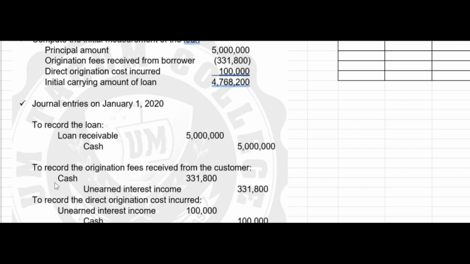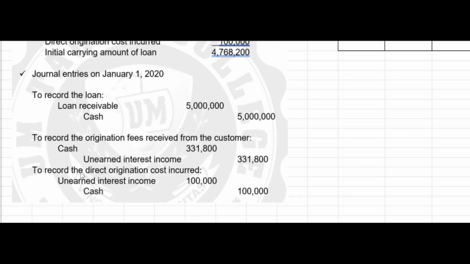Another is to record the collection or the receipt of the origination fees from the borrower. We debit cash at 331,800 and then we credit unearned interest income at 331,800.